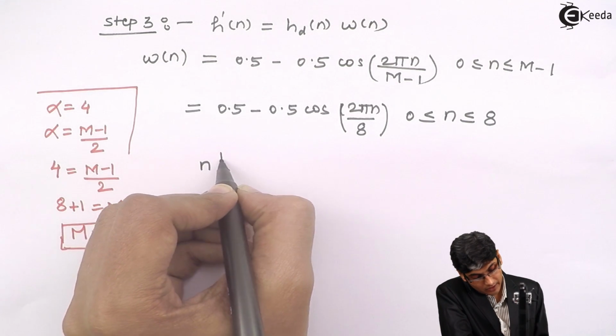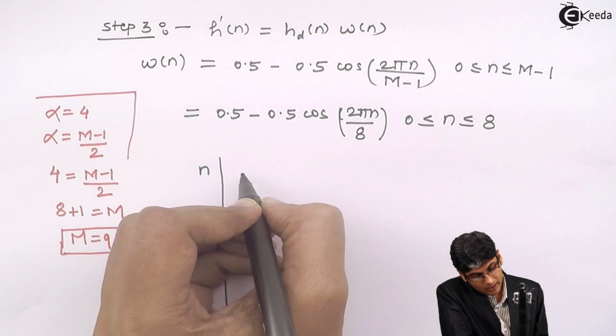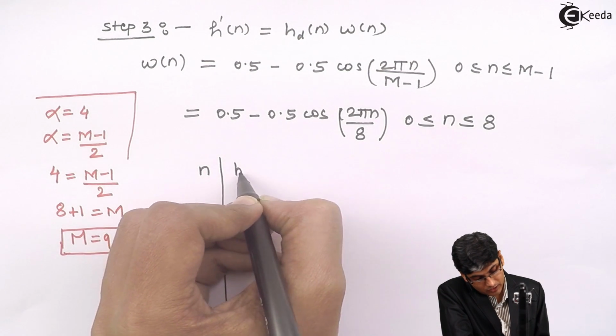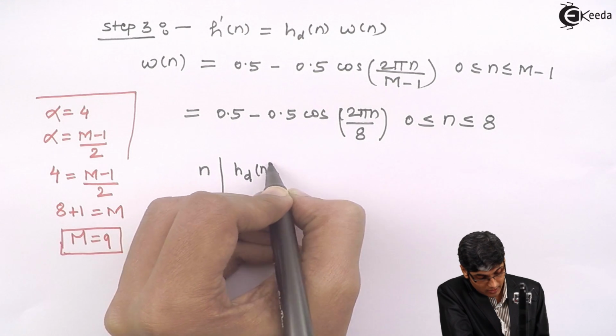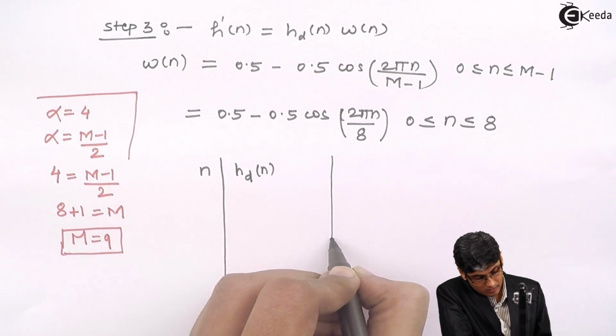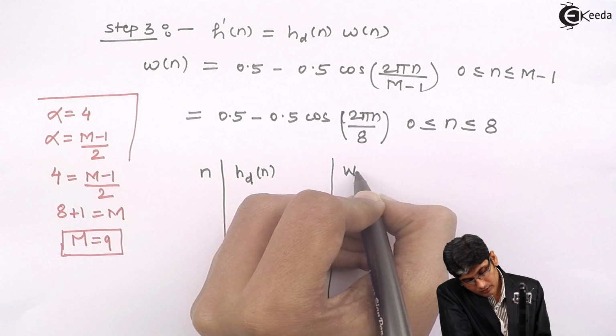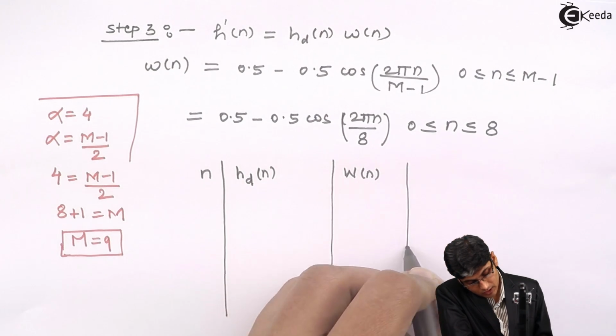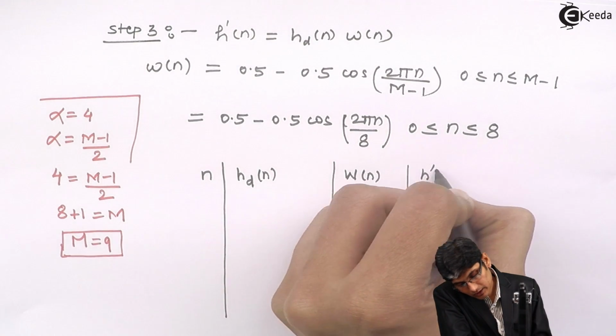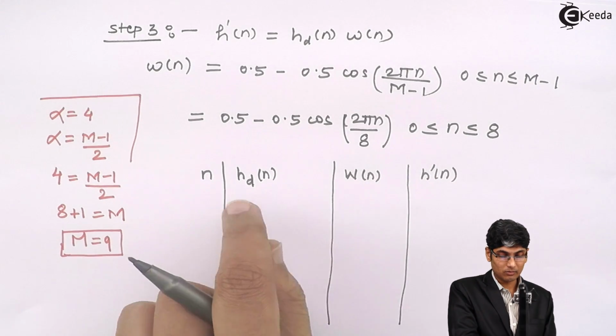Now how will we go about this? I will write the values of n, then we will write the values of hd of n, then we will write the values of w of n, which is the window function, and finally I'm going to write the values of h dash of n, which is nothing but the product of these two.